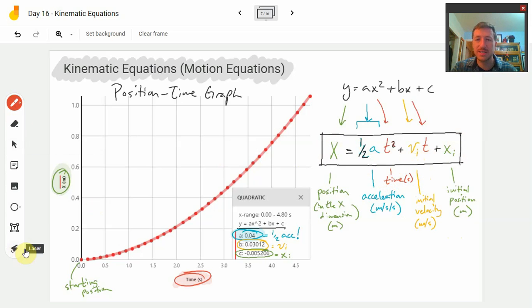Now, this equation is a little bit bigger, a little bit more intimidating, right? But we can still use it just like any equation, where if we have certain variables that we know and certain variables that we don't know, we can solve for unknowns and we can make predictions.